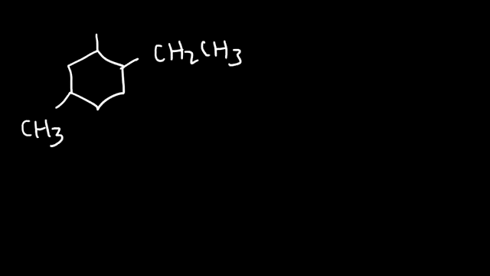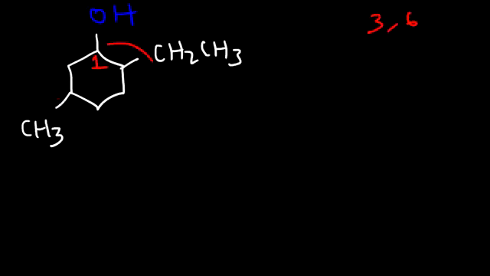Now let's consider one more example with rings. Go ahead and name this compound. So automatically we know the OH is going to be on carbon 1. If we start counting this way, it's going to give us very high numbers. The methyl will be on 3 and the ethyl will be on 6.